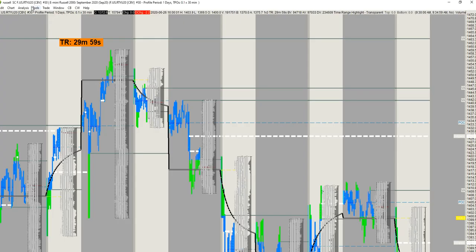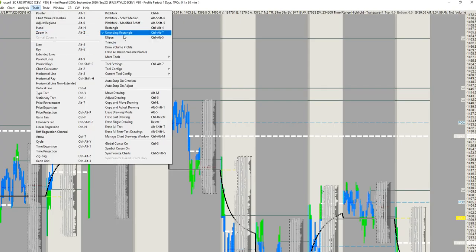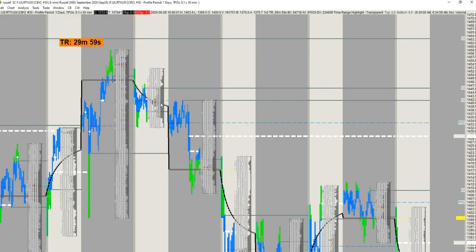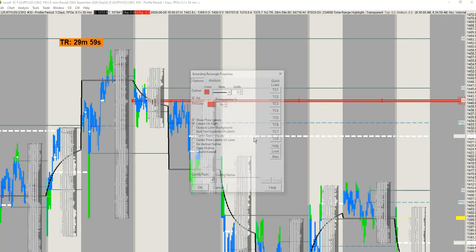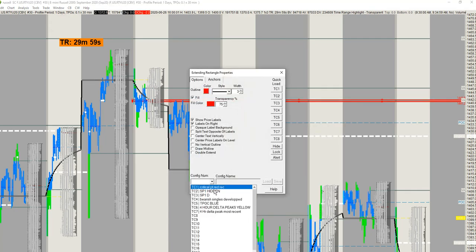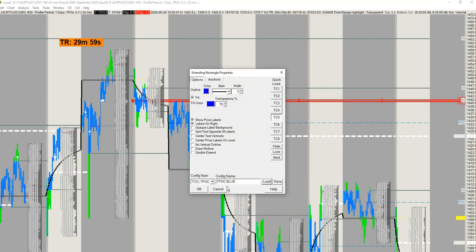So this is the Russell. Just wanted to show you guys how the Russell trades so technically well with Market Profile. Unbelievable. If you look at this thing, okay, that's the TPOC. I won't be able to cover all of it, but let's just look at it, right?